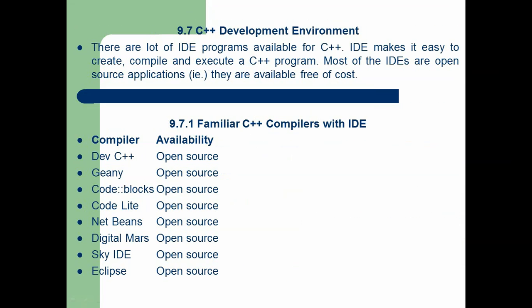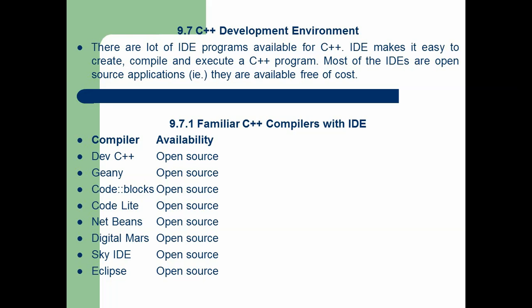Before using any C++ software, we should know what different C++ softwares are available in the market. There are a lot of IDE programs. IDE means Integrated Development Environment, which makes it easy to create, compile and execute a C++ program. Many of the C++ IDE softwares are open source, that is, free of cost.